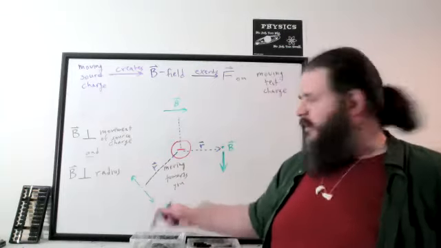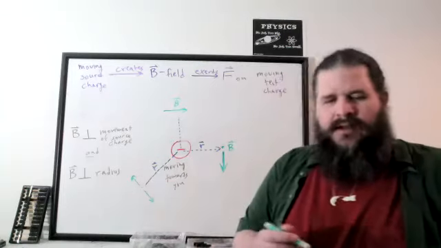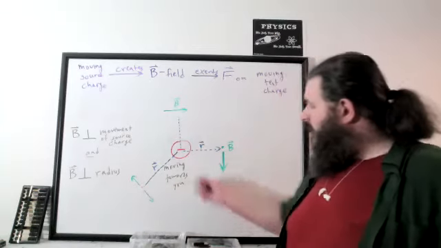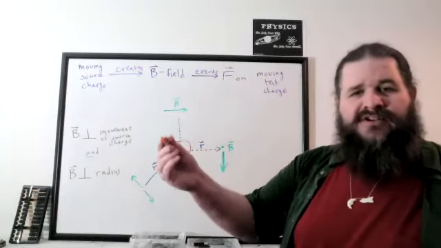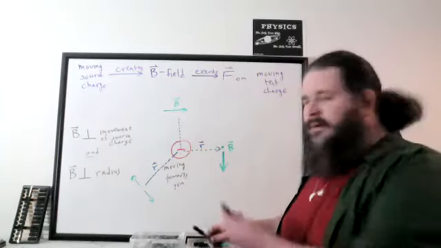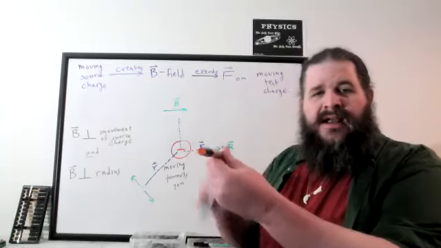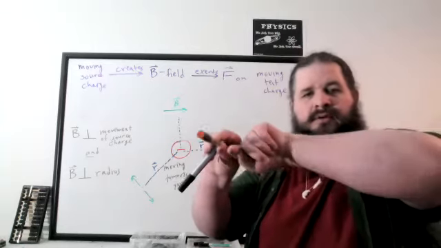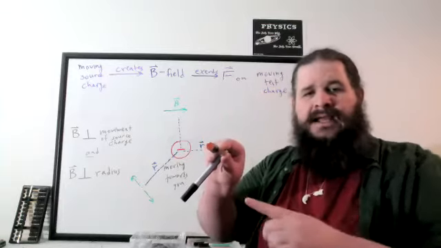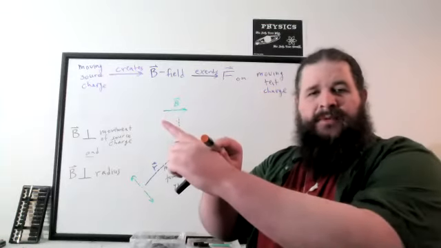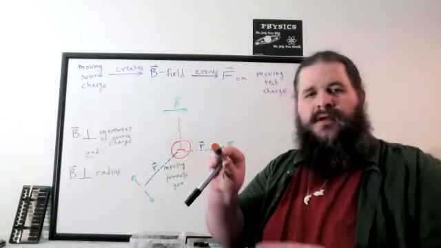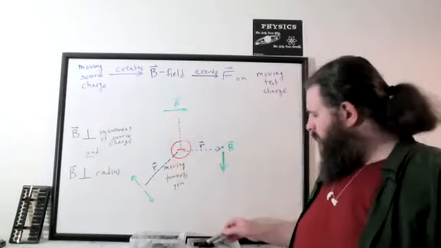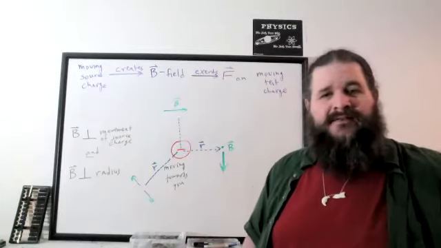Those would be the directions perpendicular to this radius vector. In and out are not actually going to work here. In and out would be perpendicular to the radius vector, but they wouldn't be perpendicular to the direction of motion. We need vectors that are perpendicular to the direction of motion and the direction of the radius vector. So the only vectors perpendicular to motion and radius would be this direction, because that's perpendicular to both, and this direction. So up and to the left or down and to the right. So those are the only options for the magnetic field here.